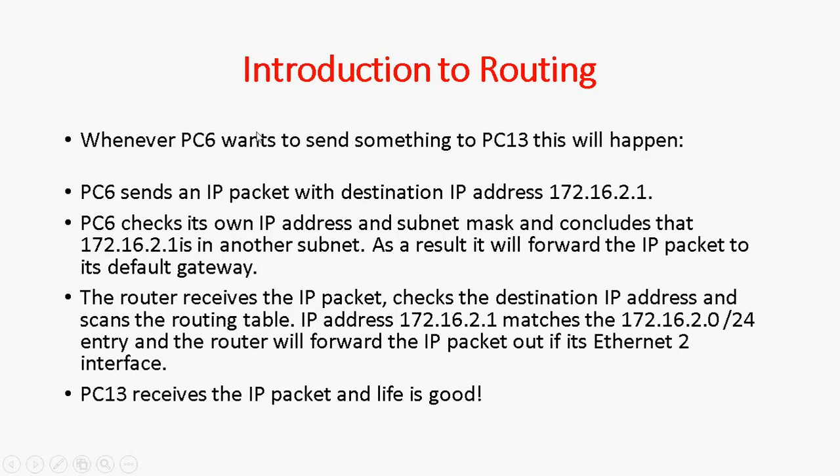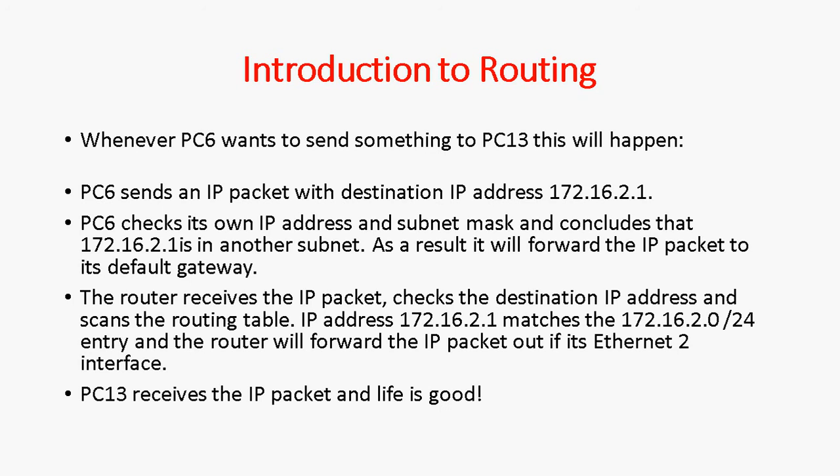Whenever PC6 wants to send something to PC13, what will happen? PC6 sends an IP packet with the destination IP address 172.16.2.1. PC6 checks its own IP address and subnet mask, and concludes 172.16.2.1 is another subnet.